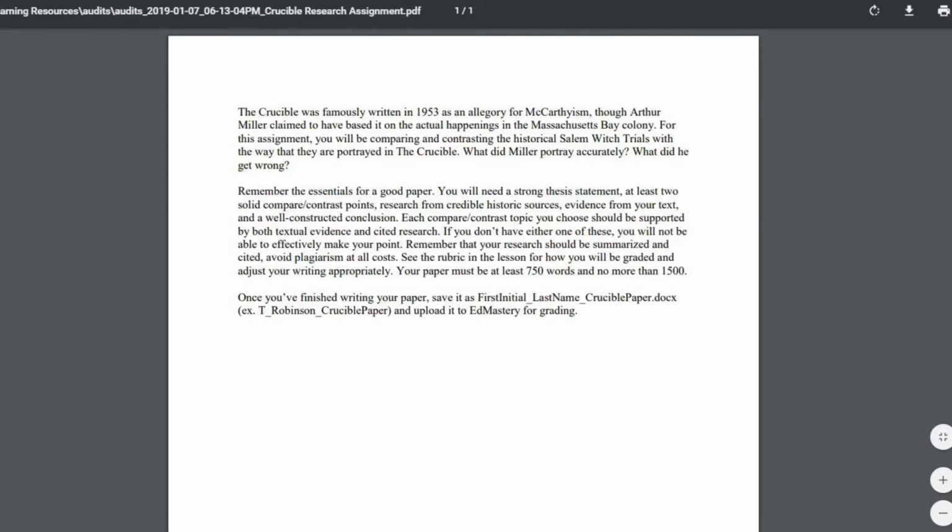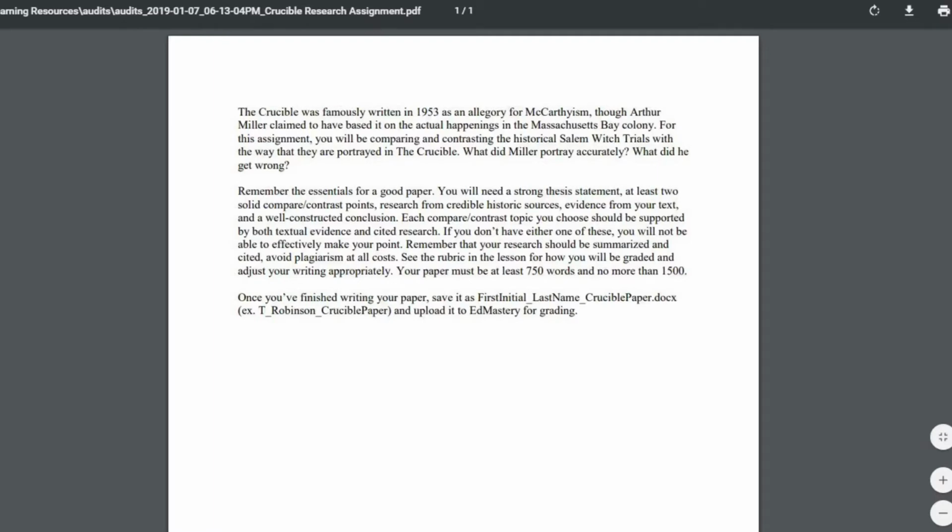Now let's finish the directions. Remember the essentials for a good paper. You will need a strong thesis statement, at least 2 solid compare-contrast points, research from credible historic sources, evidence from your text, and a well-constructed conclusion. Each compare-contrast topic you choose will be supported by both textual evidence and cited research.